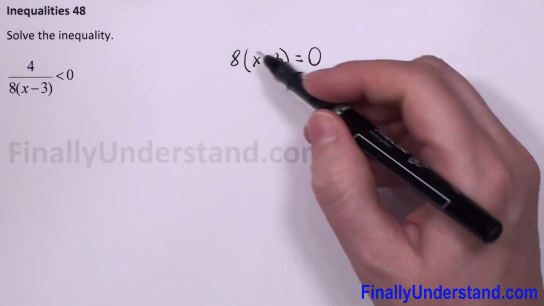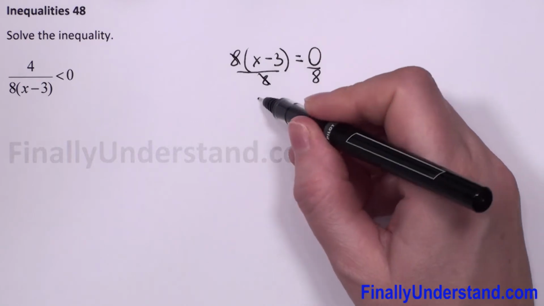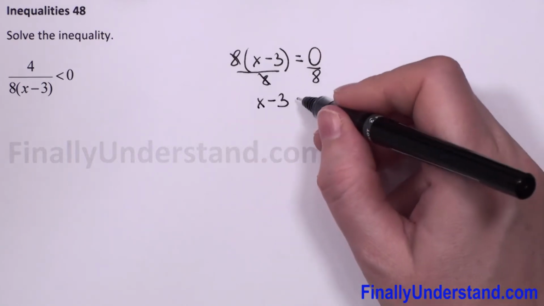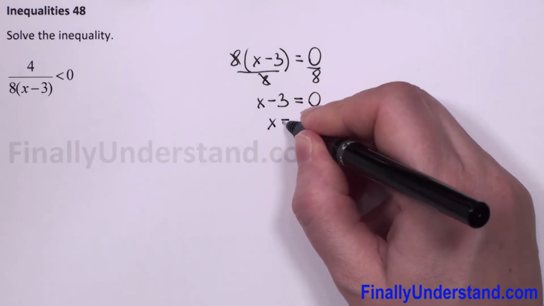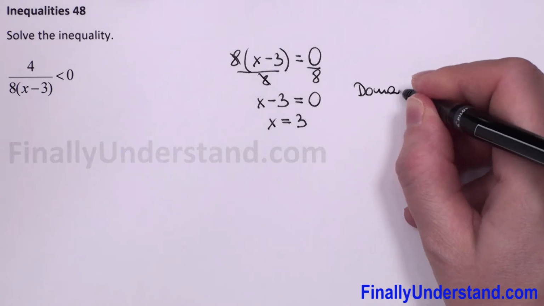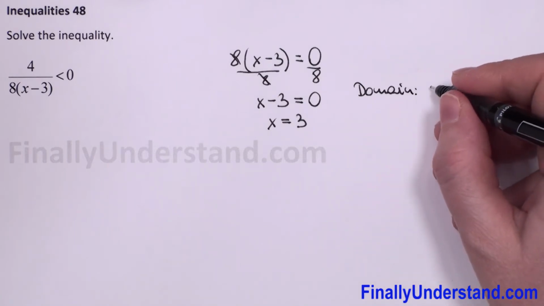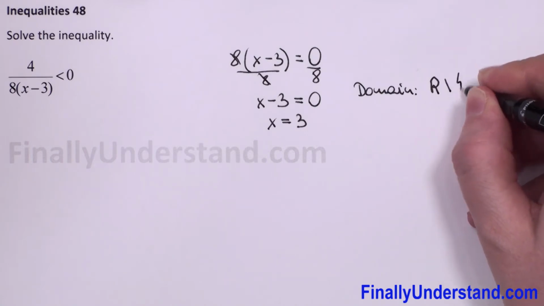We can divide both sides by 8. So we have x minus 3 equals 0. So x equals 3. So our domain will be all real numbers excluded 3.